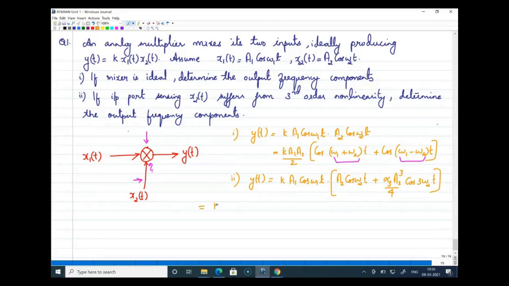So let me write this as k a1 a2 cos omega 1 plus omega 2 into t.